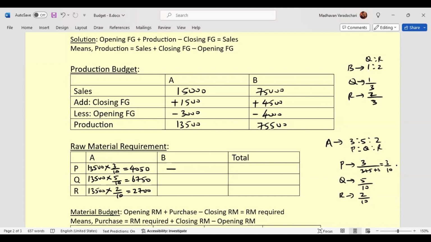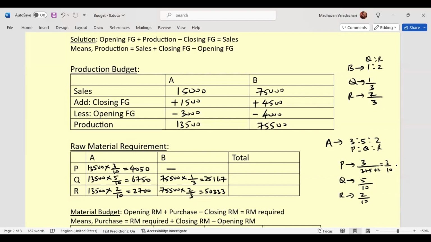So this one you will have 75,500 multiplied by 1 by 3. That works out to 25,167. Here it is 75,500 into 2 by 3. That works out to 50,333.